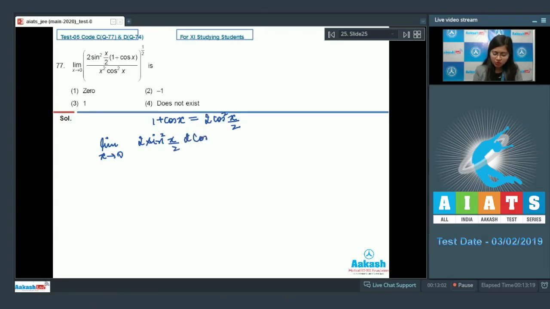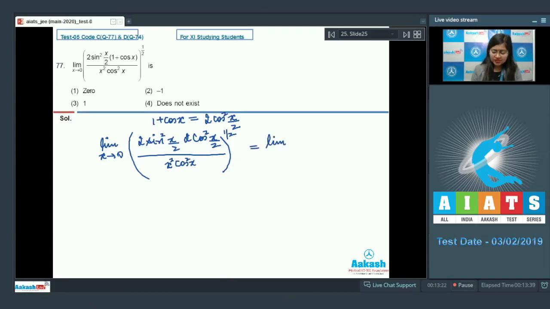into 2 times cos square x by 2 upon x square cos square x raised to the power 1 by 2. Now here this can be written as 4 times sine square x by 2 into cos square x by 2, that is, it is equal to sine square x, right?